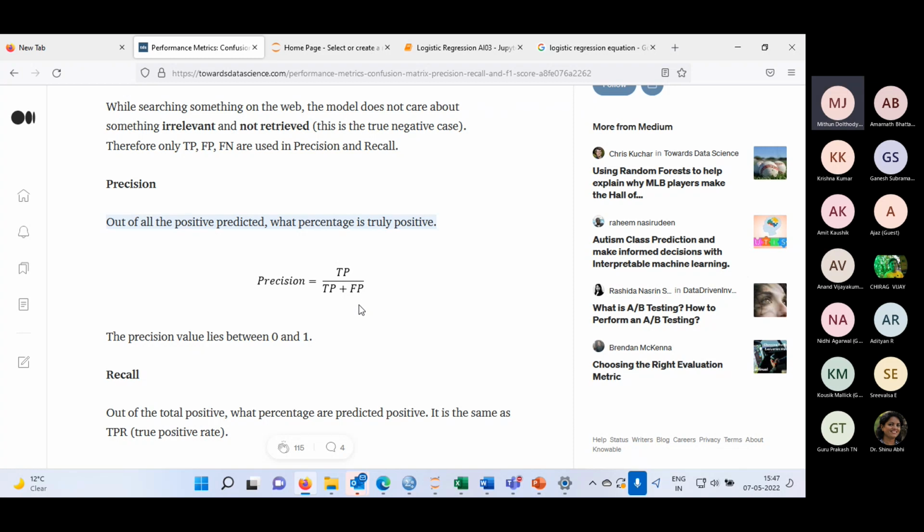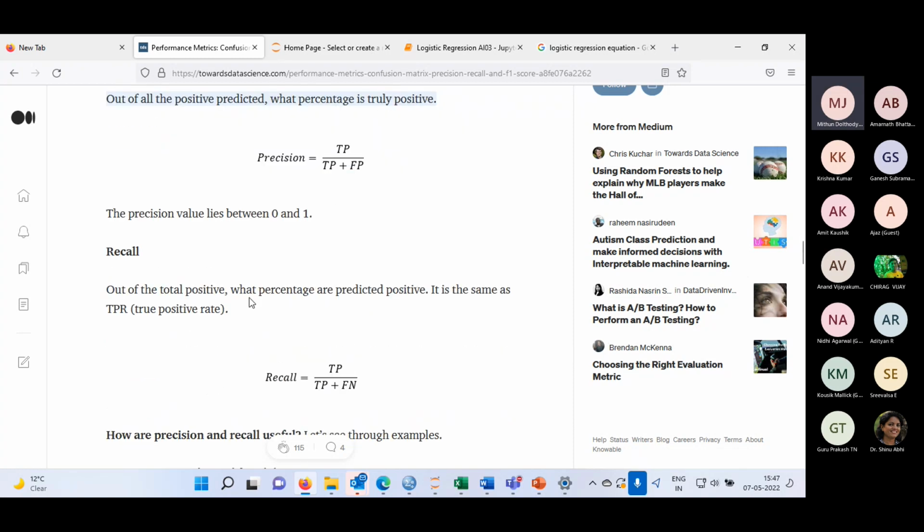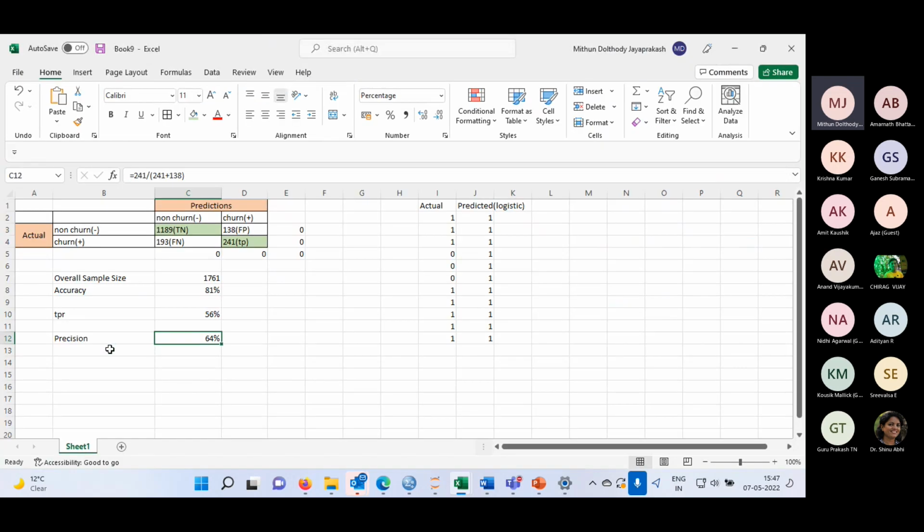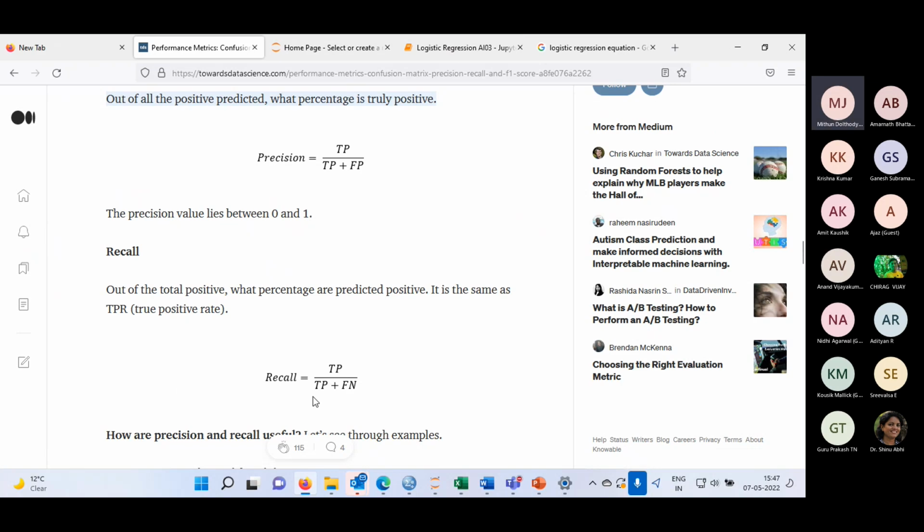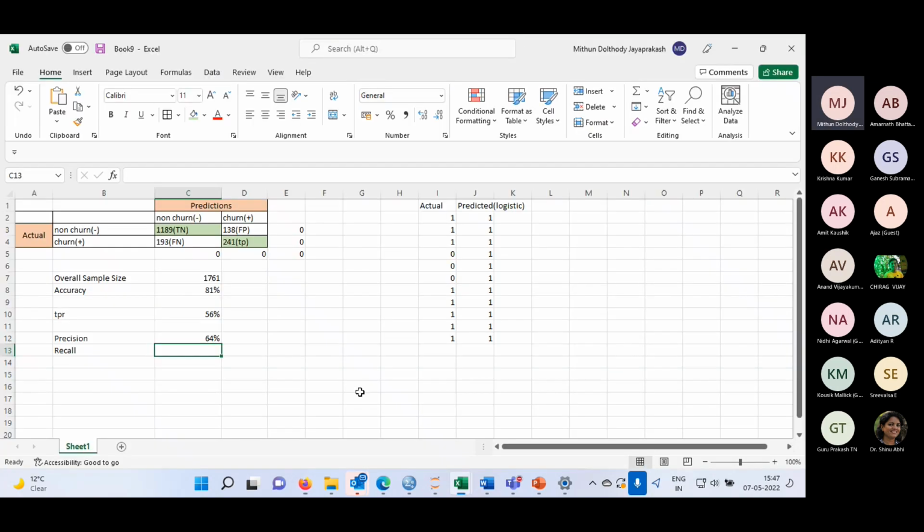The next case is recall. Out of the total positives, what percentage are predicted positive? It's the same as TPR. Just look at this formula: TP divided by TP plus FN, which is 241 divided by 241 plus FN, which is 193.